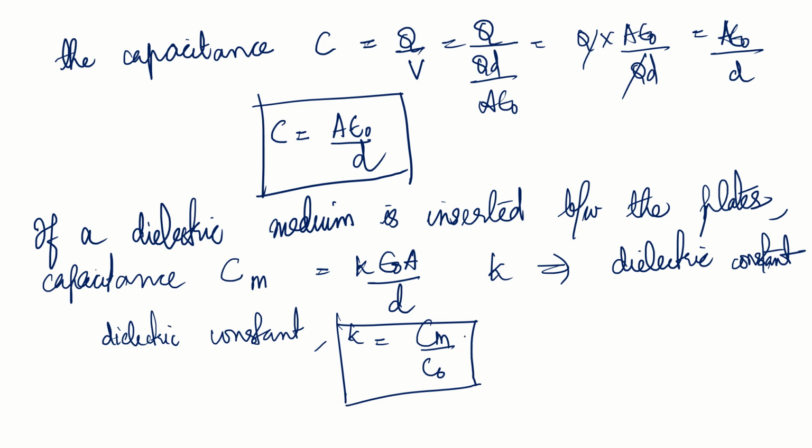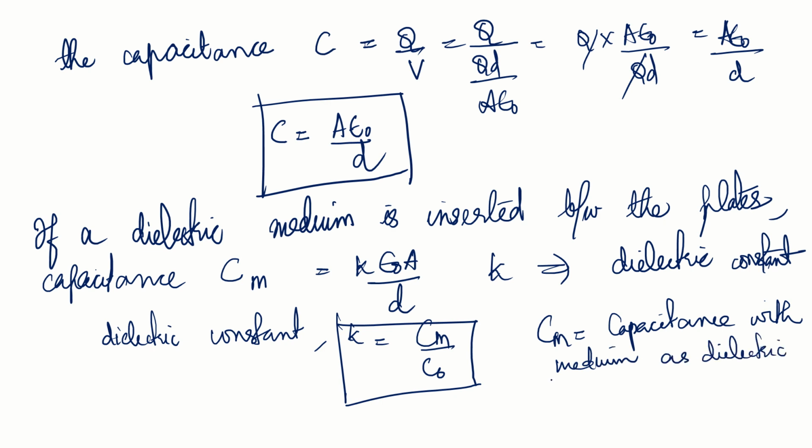Cm is the capacitance with the medium as dielectric, and C naught is the capacitance with air as dielectric.